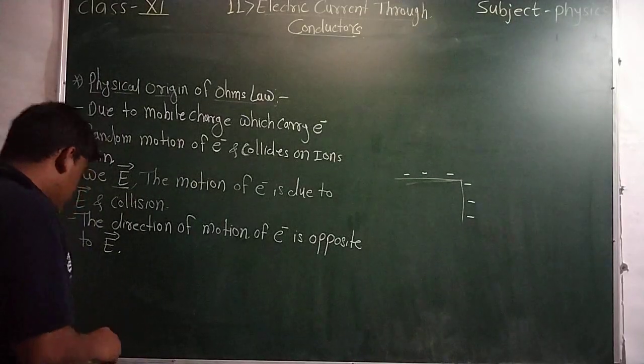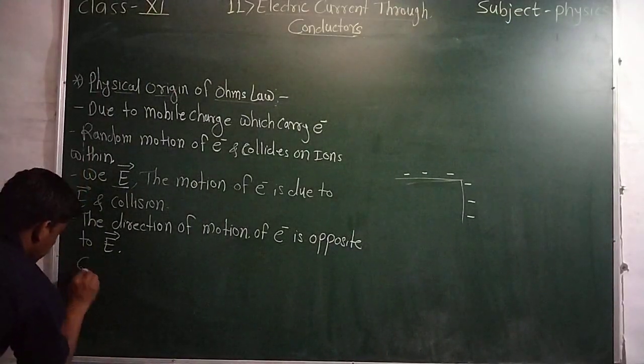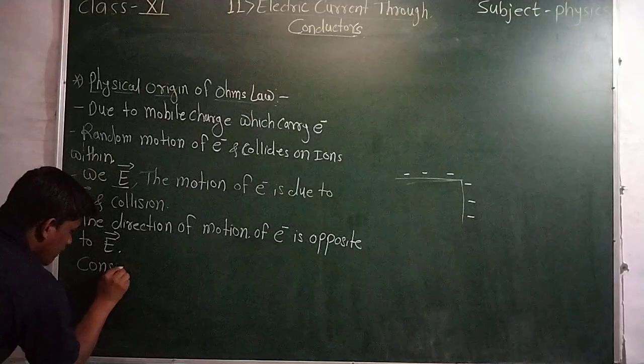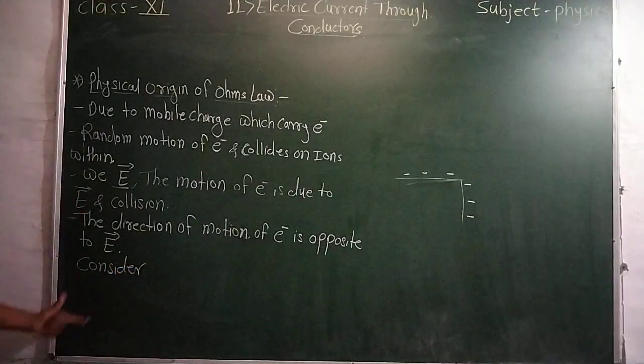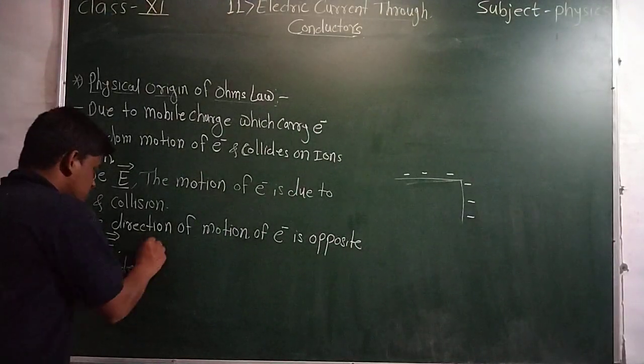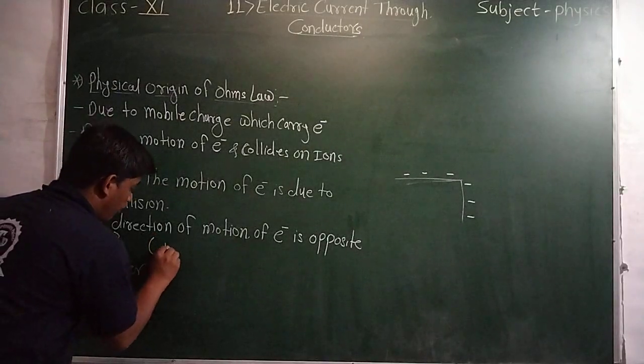Then consider the motion of the electrons with some velocity, which is known as the drift velocity.